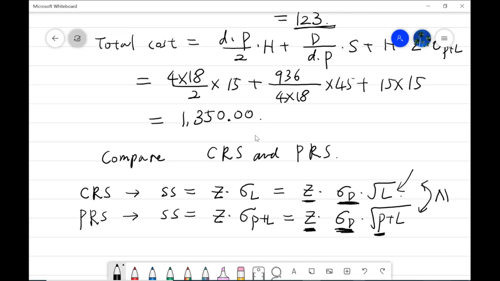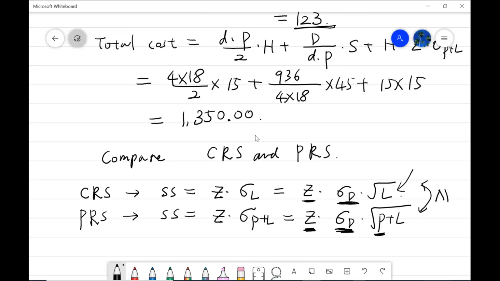In fact, in the continuous review system, the only reason you need safety stock is because of the lead time, okay? If the lead time is 0, so you can place an order and receive the ordered product right away, then you don't need safety stock at all.